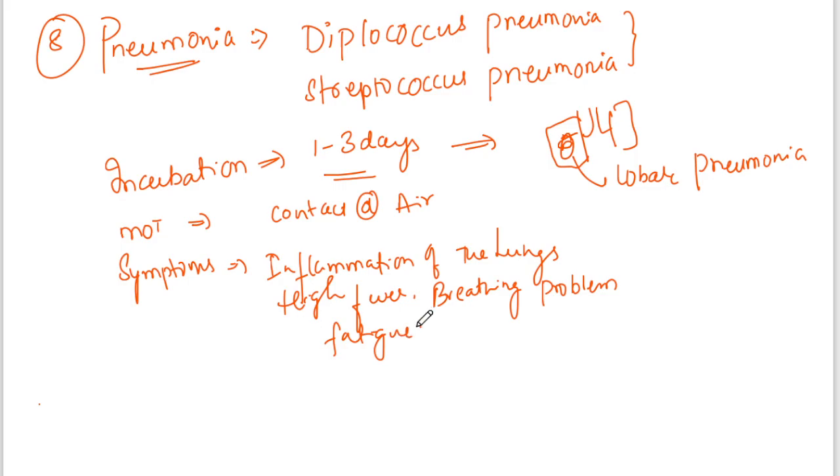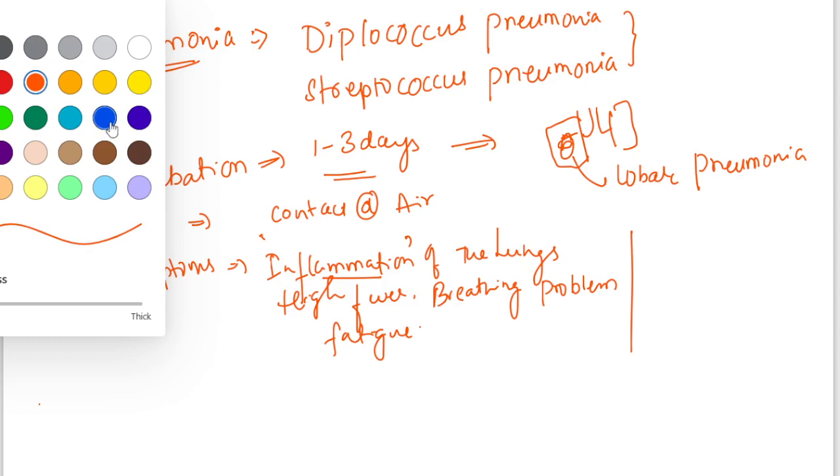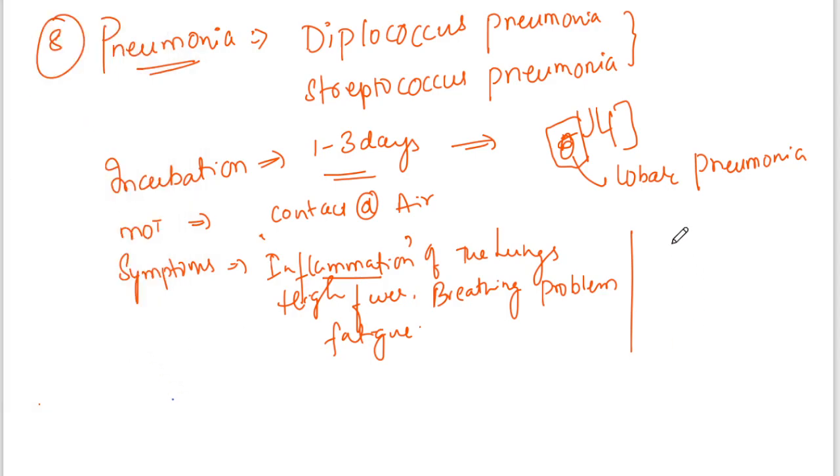That means the feeling of restlessness is called fatigue. Inflammation means swelling of the lung, and liquid will be accumulated in the lungs. So these are the symptoms of pneumonia.